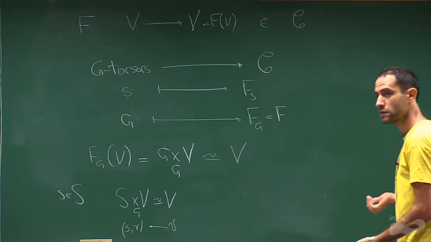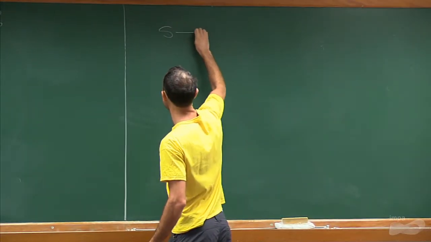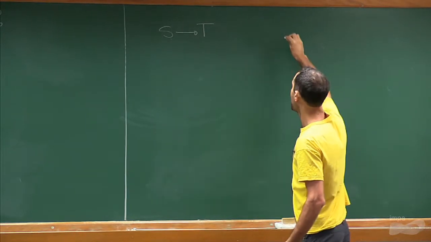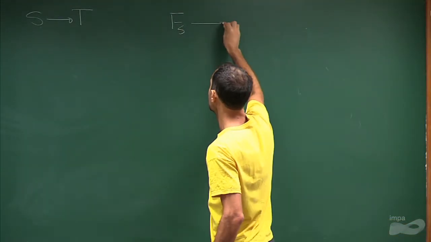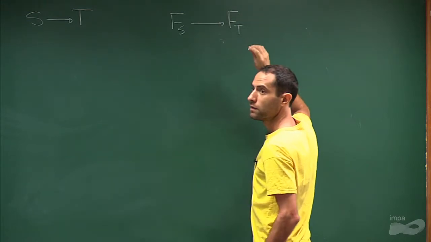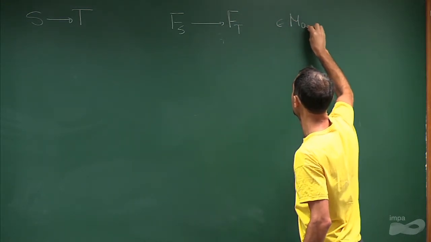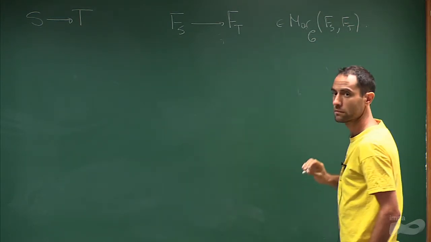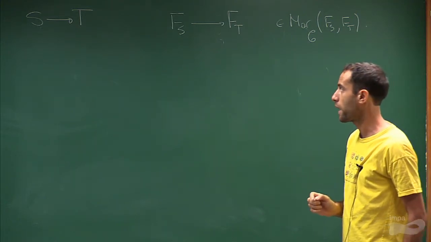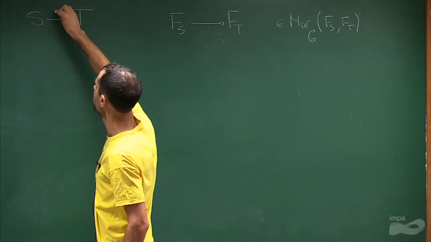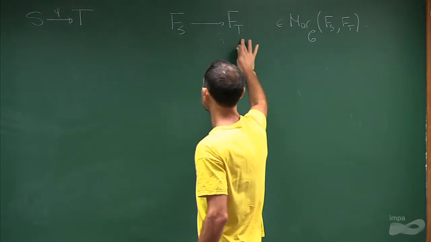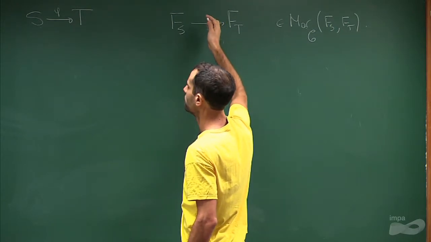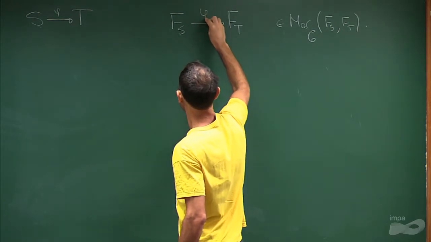And that's kind of clear, right? So I need to check that if I have a morphism from S to T, then I get a morphism from F_S to F_T. This should be a morphism in the category C between these two functors. If I call this morphism φ, then given such a morphism, I should give you, let's call it φ bar.